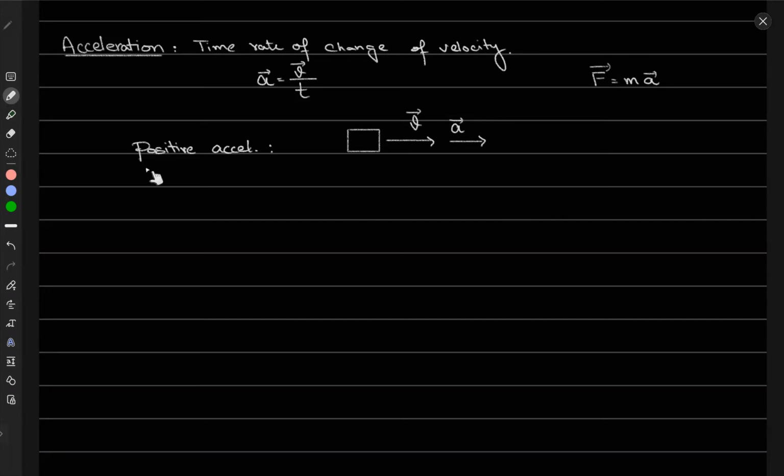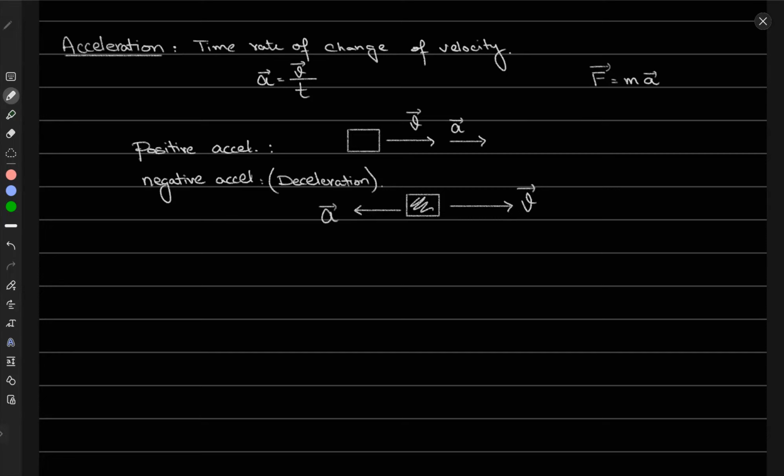Okay. Then you have a negative acceleration. And negative acceleration is also called deceleration. The name really says it all. If you have a box, an object, moving again in this direction, so the velocity vector points this way, but the acceleration vector points exactly opposite to this velocity vector.